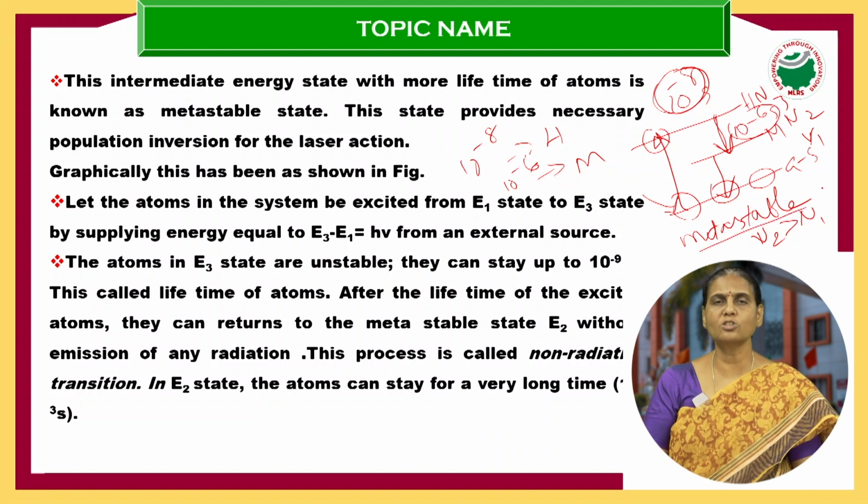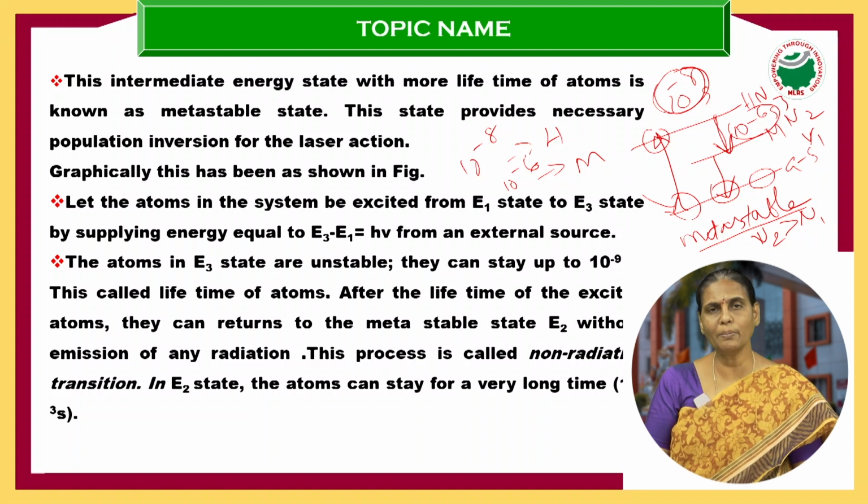That particular state is called the metastable state. So we can define a metastable state as a state in which an atom stays for more time when compared with the higher energy state. Once the lifetime in the metastable state is completed, it undergoes de-excitation to the lower energy state. That means it again returns back to the lower state.